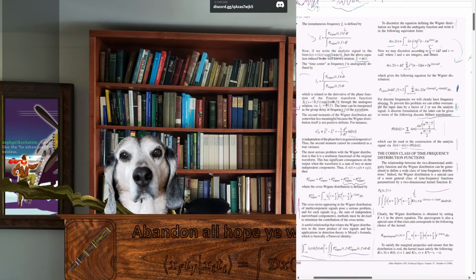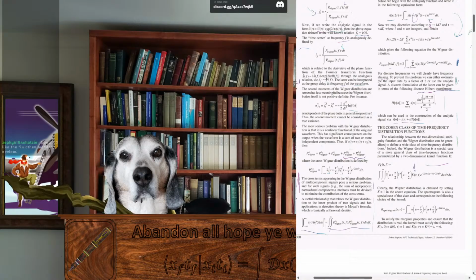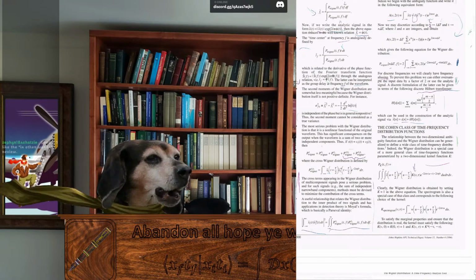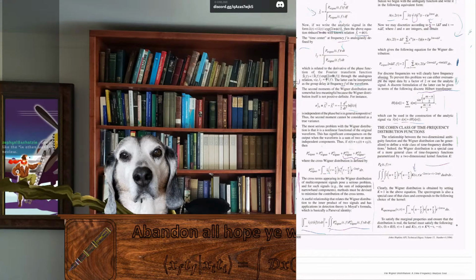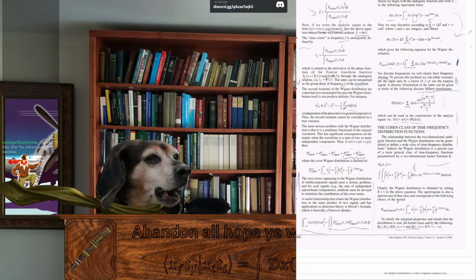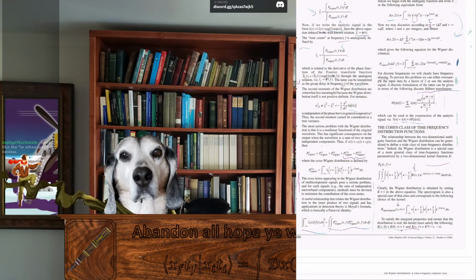It corresponds to that kernel. To satisfy the marginal properties and ensure that the distribution is real, the kernel must satisfy the following properties. So at tau 0, if tau is 0, or if your function component is 0, then the whole thing has to integrate to 1.